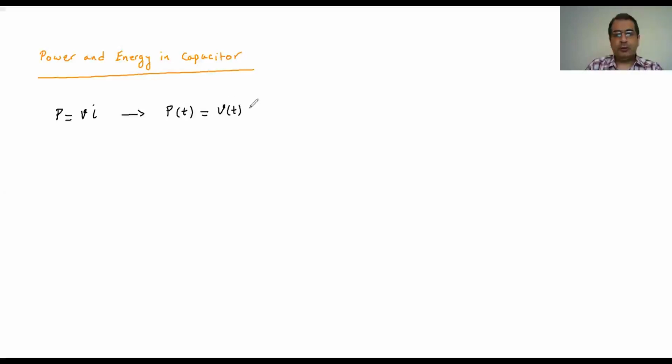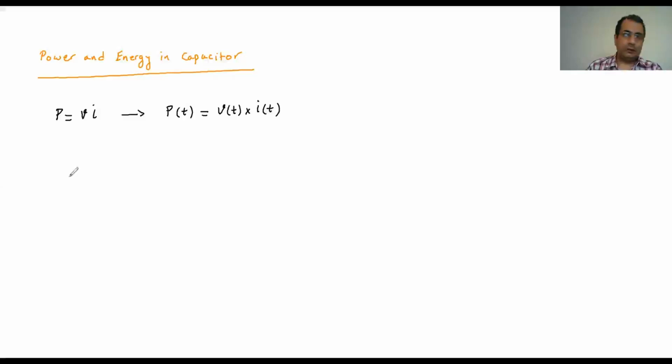So each of them is just time dependent: V(t) times I(t). That's the equation for power, regardless of whether we have a resistor, a capacitor, or later on an inductor. The power equation is always this.